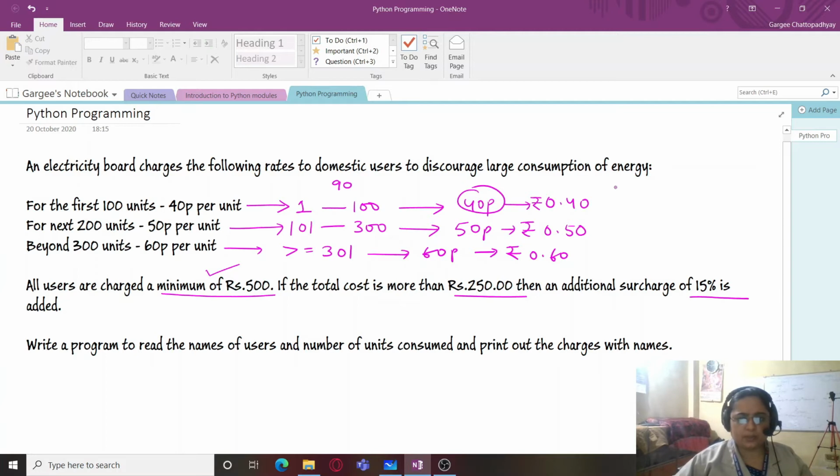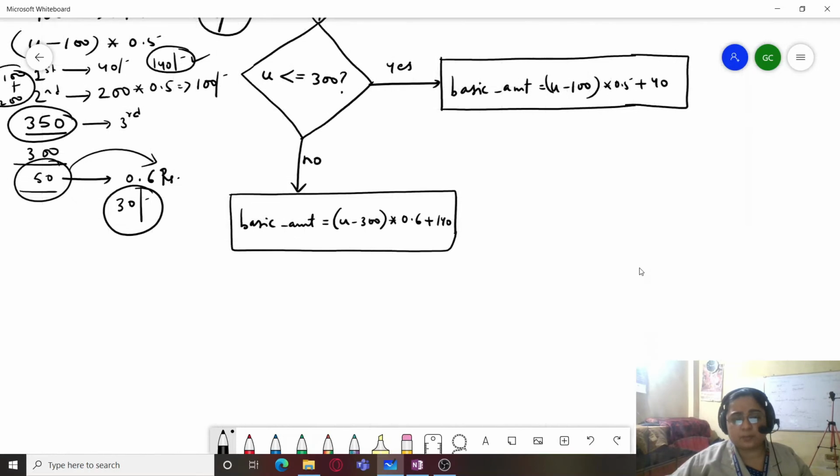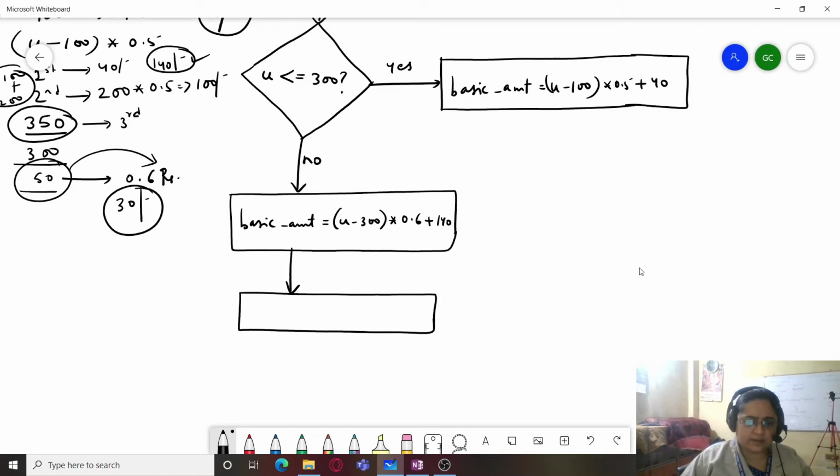Now my next part of the question is, all users are charged a minimum of rupees 500, because you already know that the electricity board wants to discourage large consumption of energy. So people would try to consume less electricity so that they have to pay less. So whatever basic amount is calculated, whether it is first slab, second slab or third slab, on that I will have to add the fixed charge of 500 rupees.